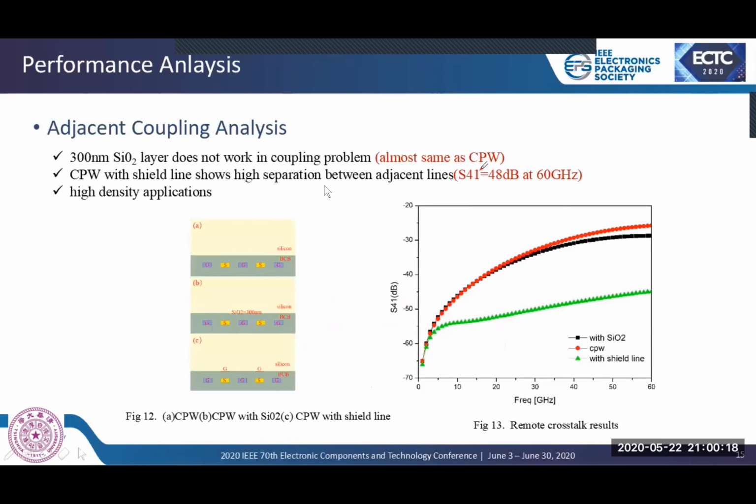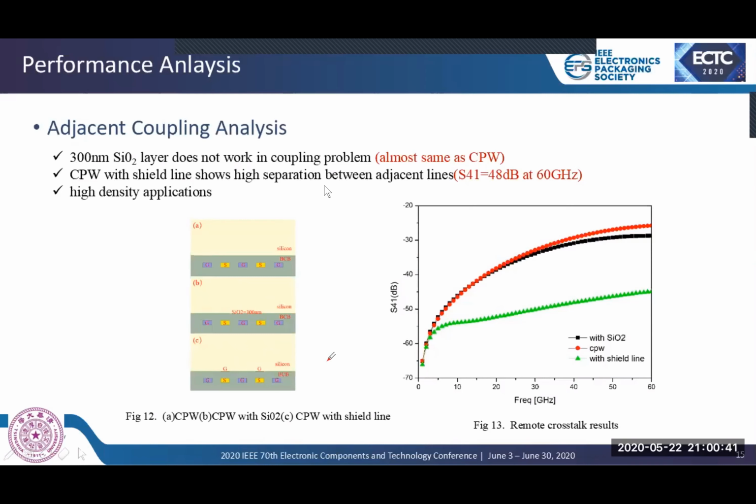Fig 12b adds a 300 nanometer silicon dioxide layer between the coplanar waveguide and the silicon. Fig 12c adds shield lines. The result is shown in Figure 13.